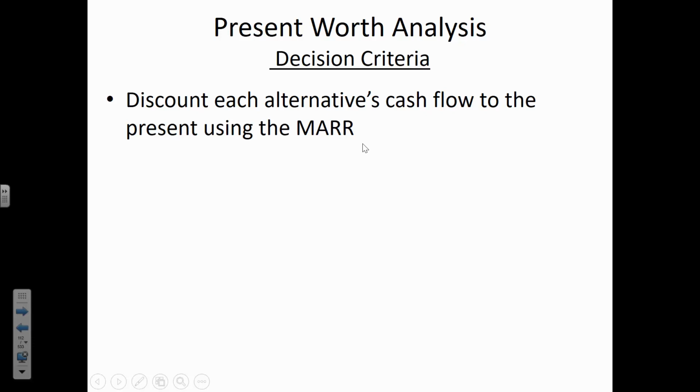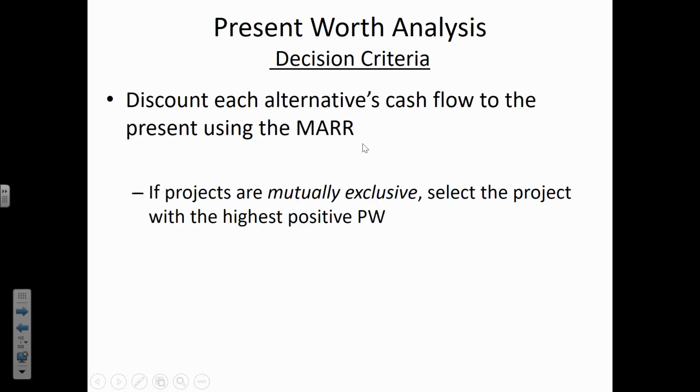Discounting is, remember, the opposite of compounding. Compounding is when amounts are getting bigger as you move forward in time. Discounting is when amounts are getting smaller as you move backward in time. So it's where you're moving future amounts back to year zero.